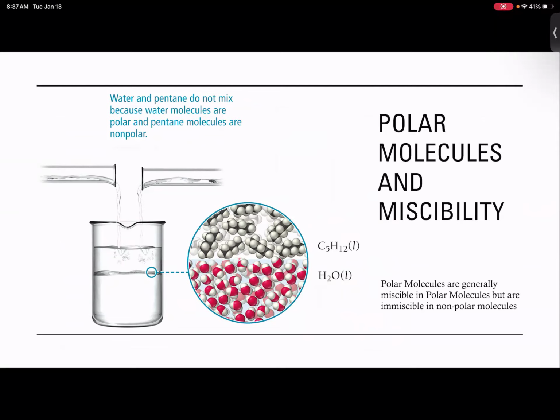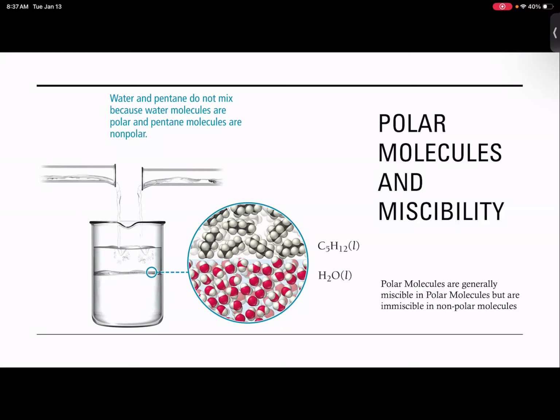Folks, this whole polarity also determines the ability for two different substances to combine, or two different liquids to combine. If two different liquids combine, they're called miscible. And basically, folks, we get into the concept of like dissolves like. Polar wants polar, nonpolar wants nonpolar. If they have different polarities, they tend to not mix, such as oil and water. Oil is nonpolar, water is polar.